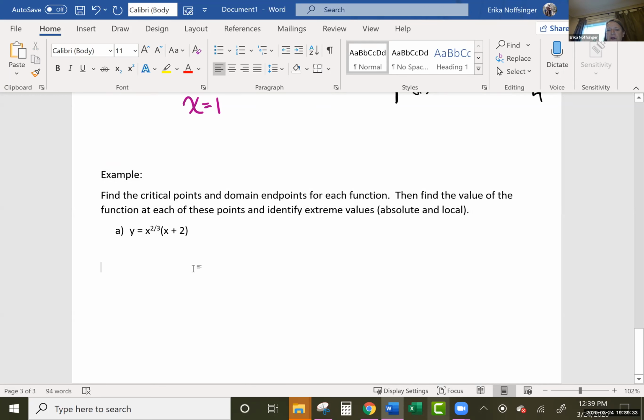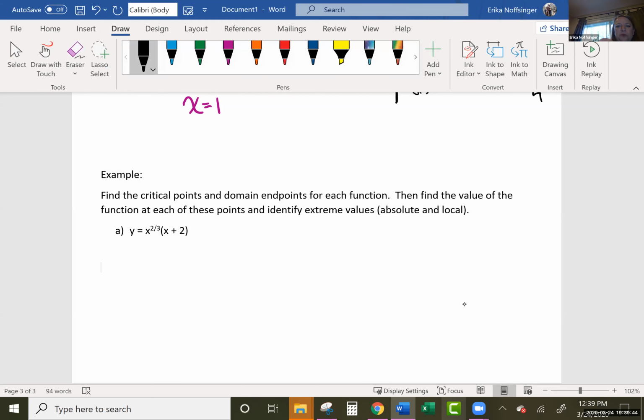First of all, is there some piece that we have to limit our domain to? You're thinking to yourself, does that equation have any trouble spots? Do I have any variables in the denominator? The answer is no. And if we have a radical, do we have negatives under an even powered radical?